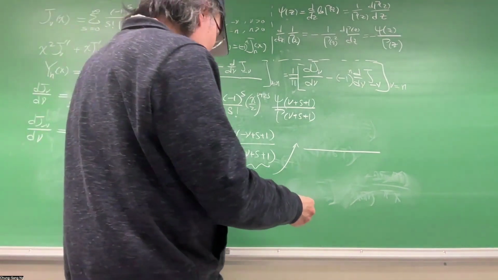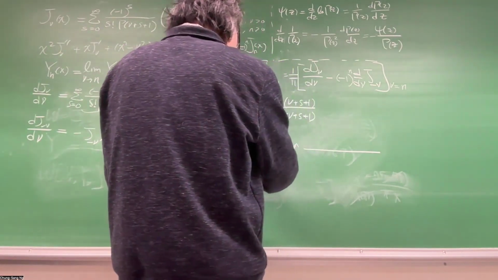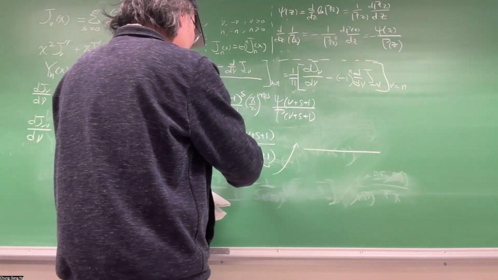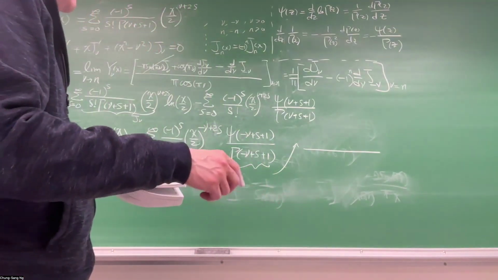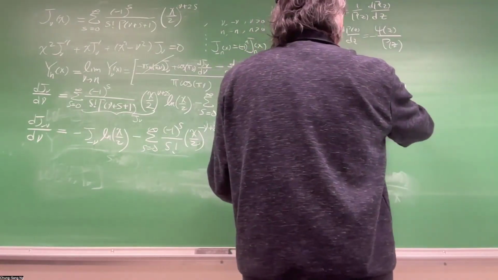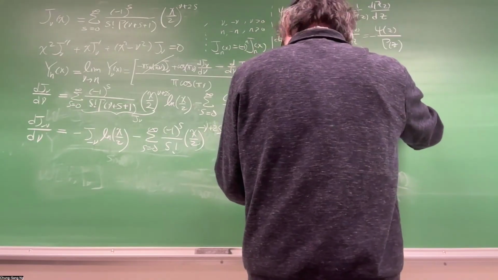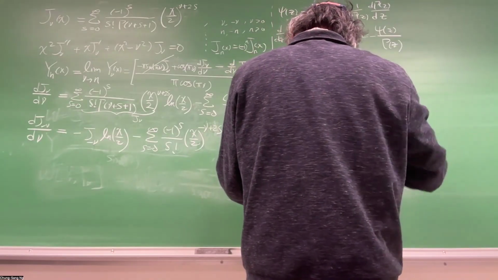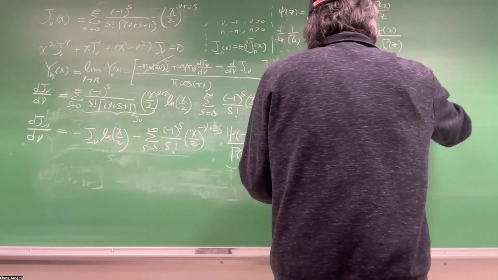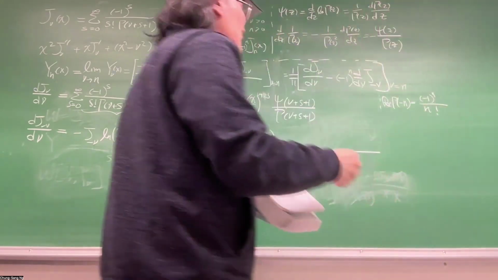So this is the residue if nu is equal to n, or we can say it this way: residue of gamma at minus n is equal to minus 1 to the n over n factorial.